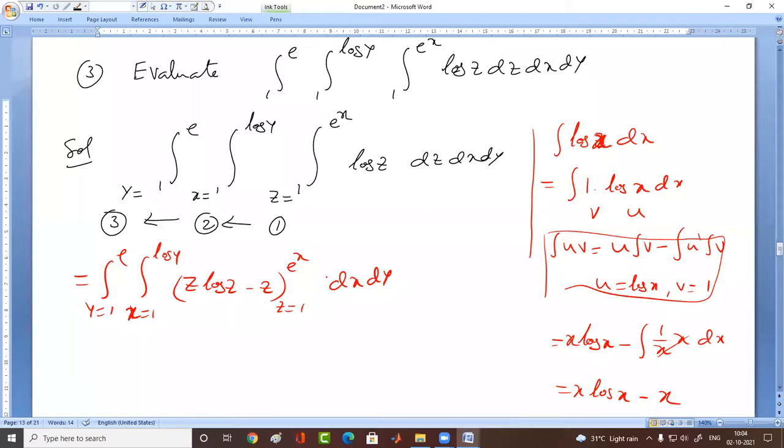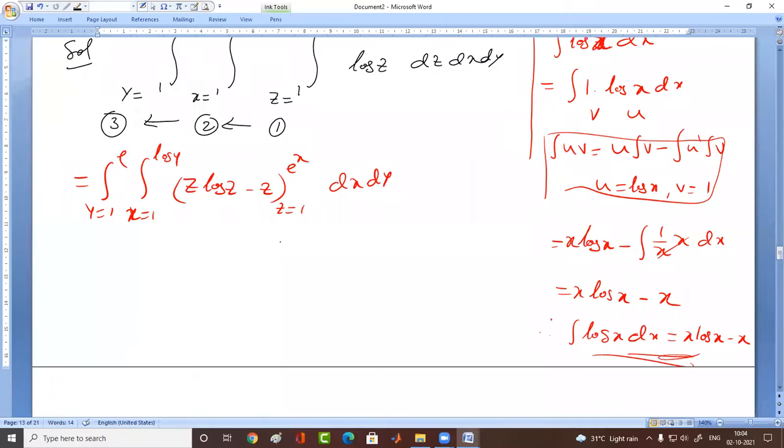Now substitute the limits. Very easy. I will write here. y is 1 to e, x is 1 to log y. First put z equals e power x.